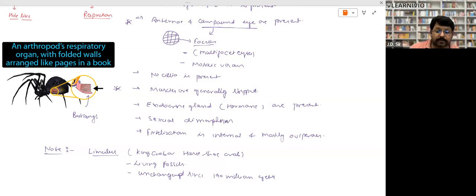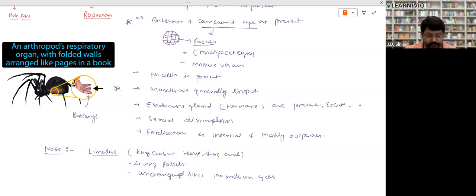Now the next point which I was explaining: some of them have a system to excrete pheromones.